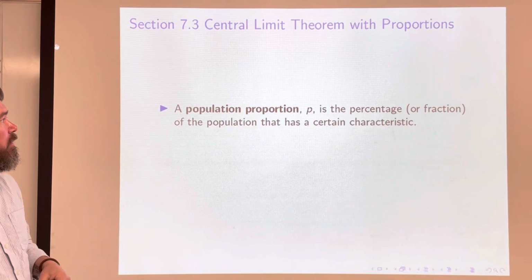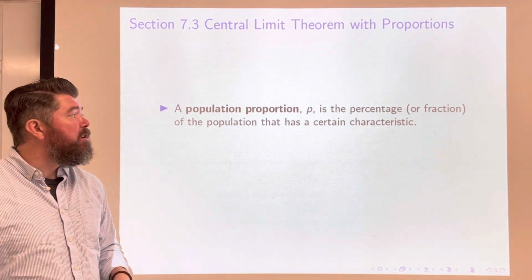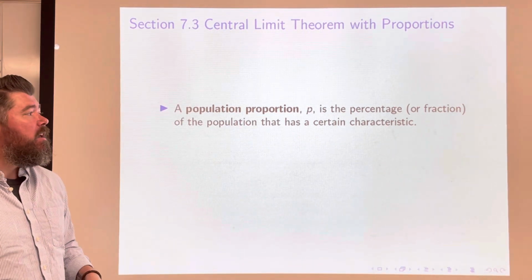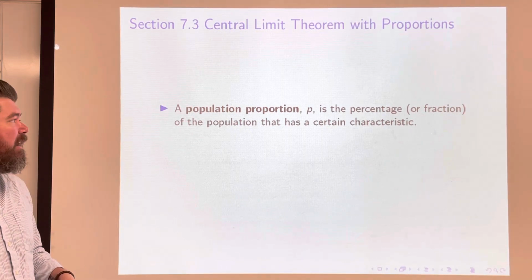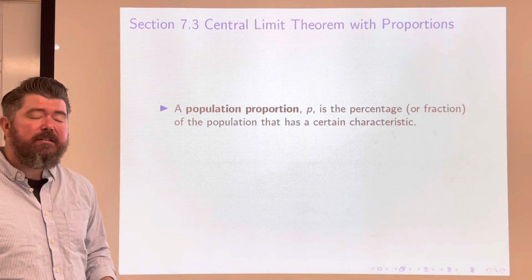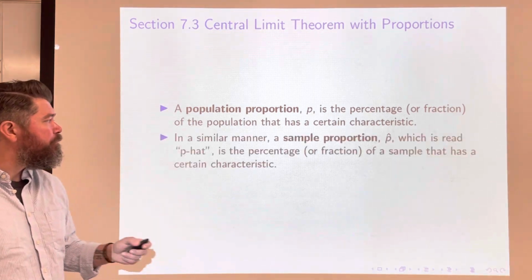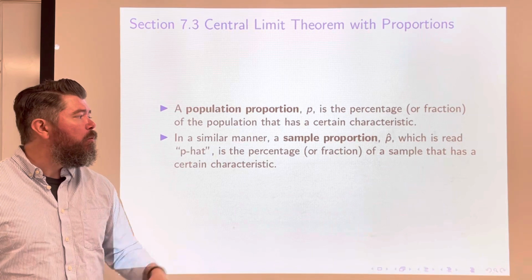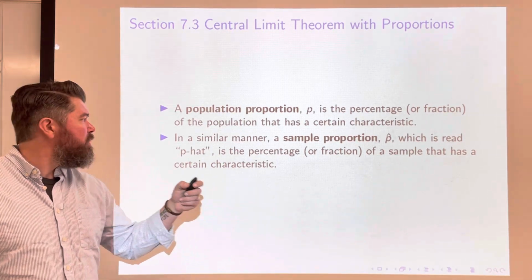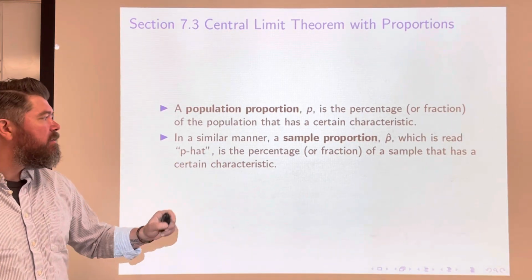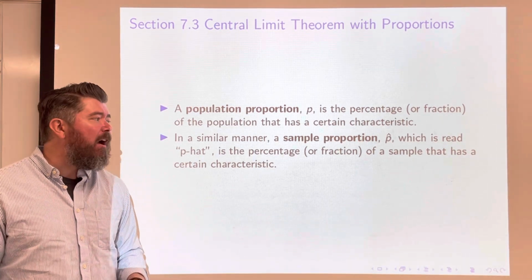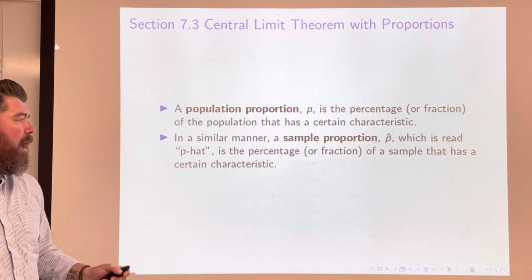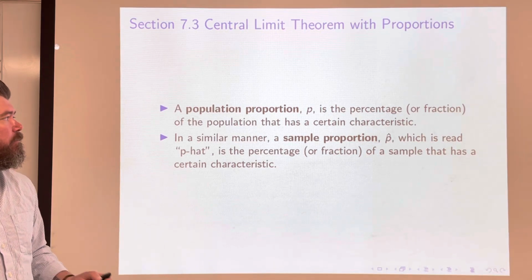Proportions. A population proportion, denoted by P, is the percentage or fraction of the population that has a certain characteristic. In a similar manner, a sample proportion, which we denote by p hat, is the percentage or fraction of a sample that has a certain characteristic.